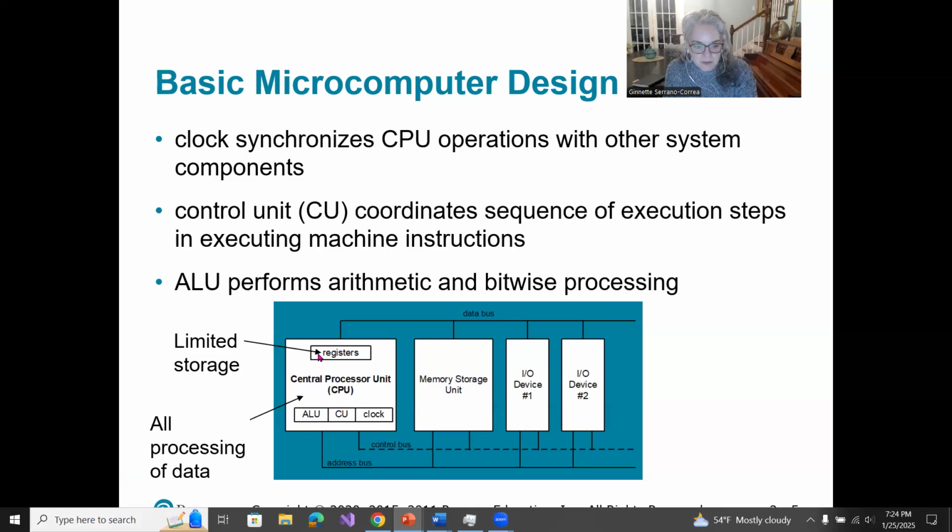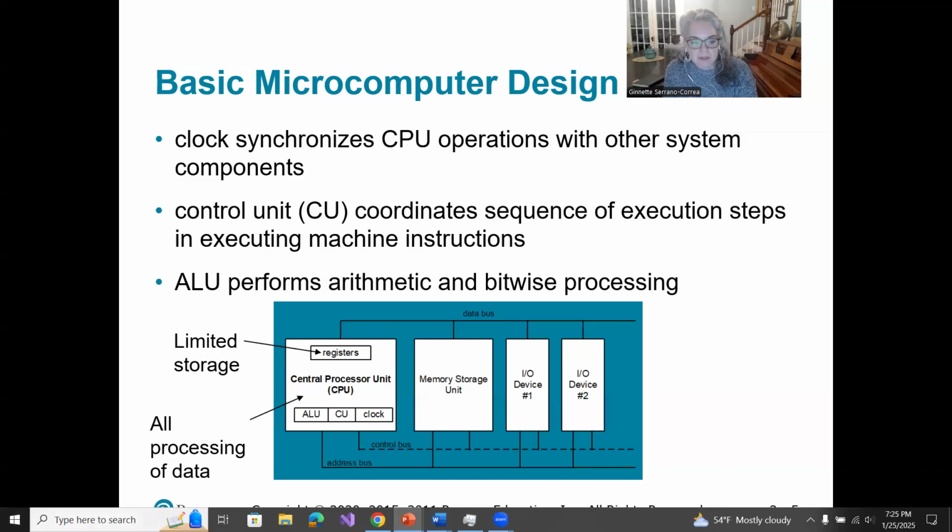Here in this picture, you also see that the CPU has registers, and the registers are just a limited number of memory locations that sit on your CPU. Depending on the size of CPU, whether it's 32-bit or 64-bit, etc., depends on how many registers we have available and how big those registers are, like how much information can we put in one register.